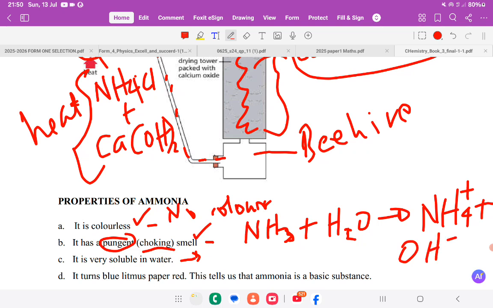Okay, but anyway, don't mind this. This is not just a basic reaction, it's just dissolution. It can dissolve in water. Suffice to say that it can dissolve in water.